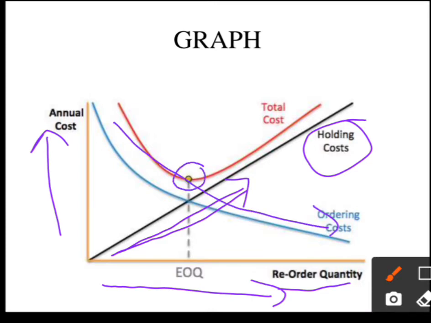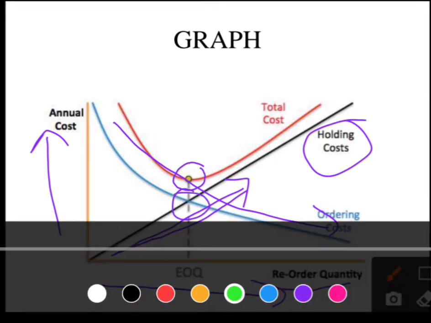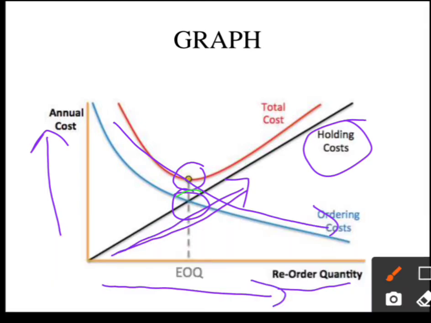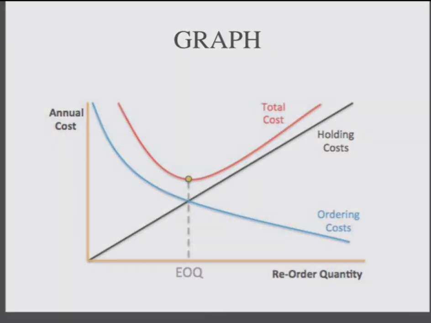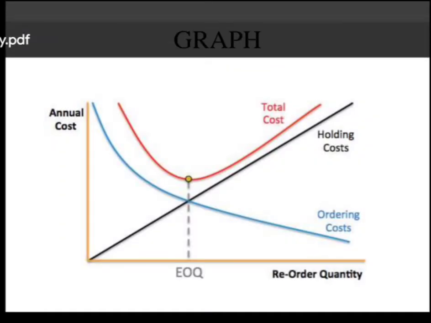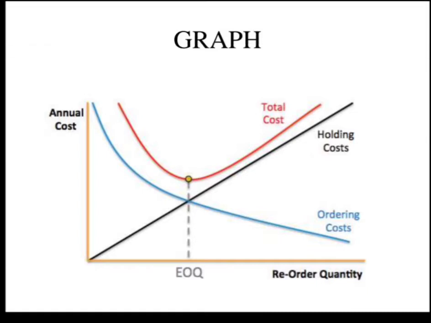This green circle is the point where the holding cost and ordering cost meet. This is the point of the economic order quantity, and the total cost is also there. The total cost decreases, and from the economic order quantity point it starts increasing.